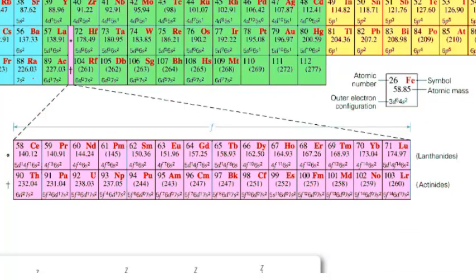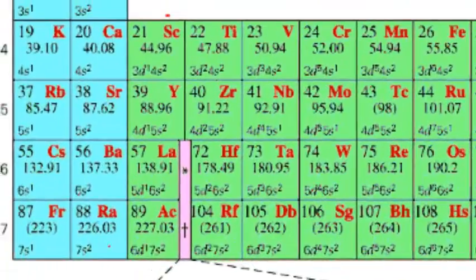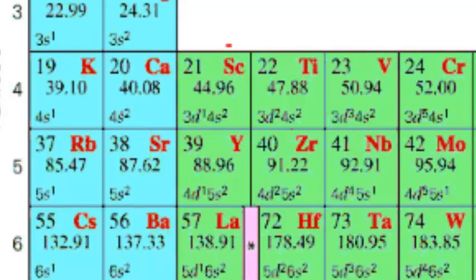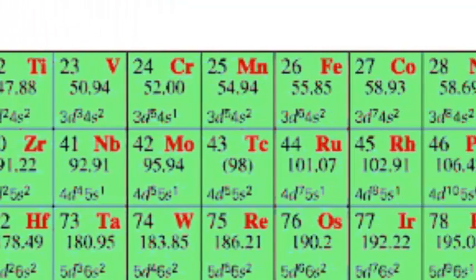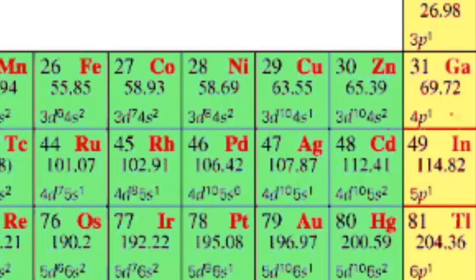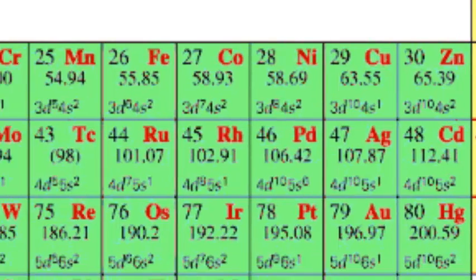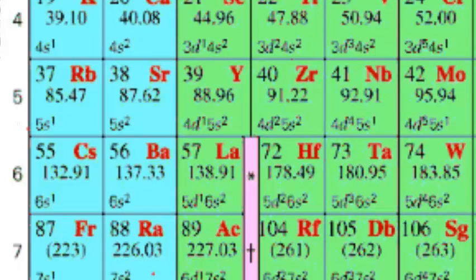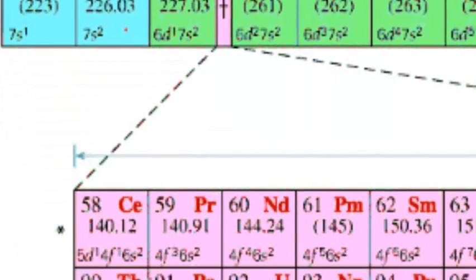The key in the filling sequence is that when n equals 4, we start with 4s1, 4s2, and then we get into the transition elements. So we actually go to 3d. We have 3d1, 3d2, all the way up to 3d10, and then 4p. So we go back to the p. Same thing with the 5s. Then when you get to the 6, you end up with the lanthanides, so you get 6s2, 5d1, so you start filling that 5d orbital, but then you go into the f orbitals.